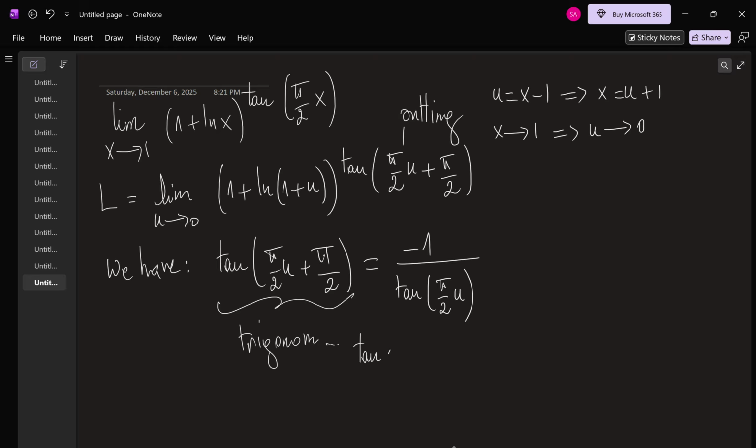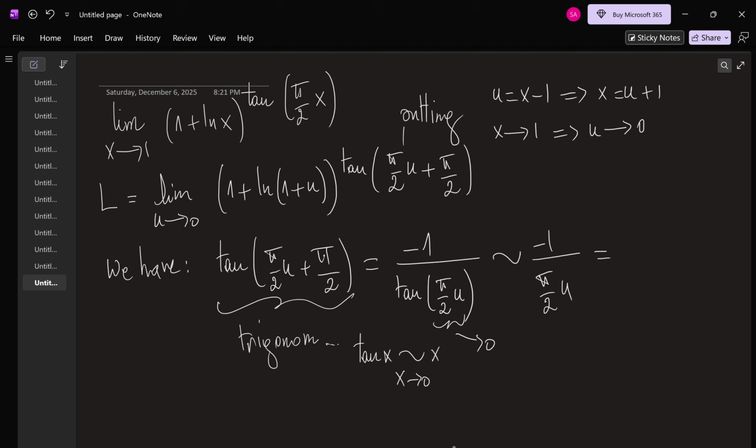We also know that tangent of any value is equivalent to x when x goes to 0, and we know that this value is going to 0, so this will be equivalent to minus 1 over pi over 2 times u.